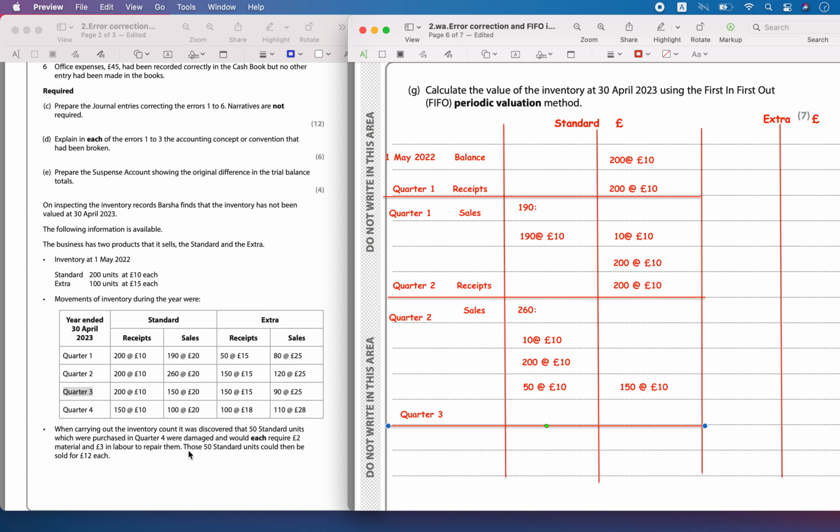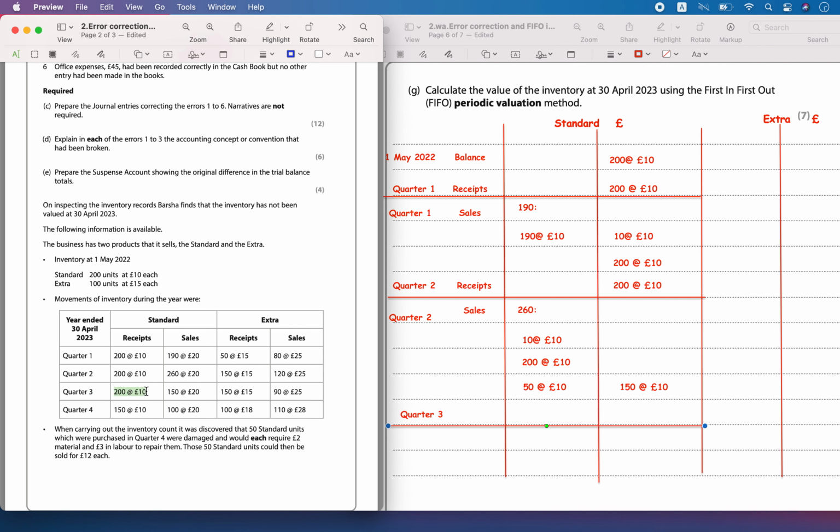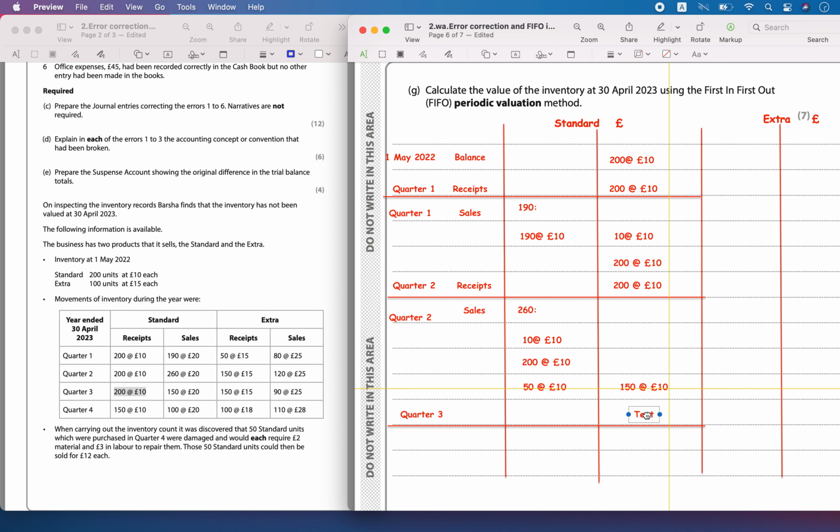You will place it below. This is like stacking the inventory one above the other. The inventory at the top is going to be sold first. That's how you do the stacking.